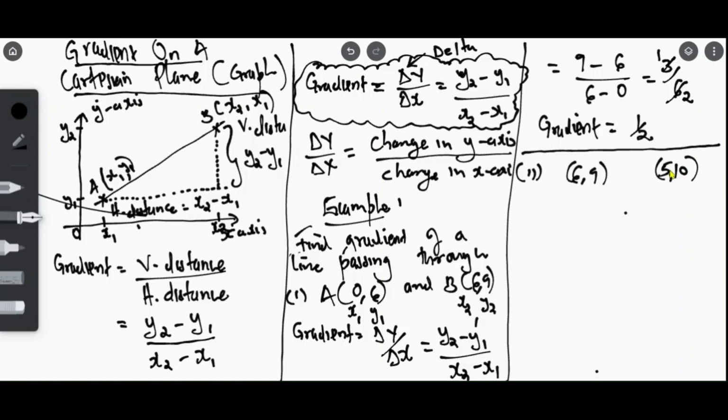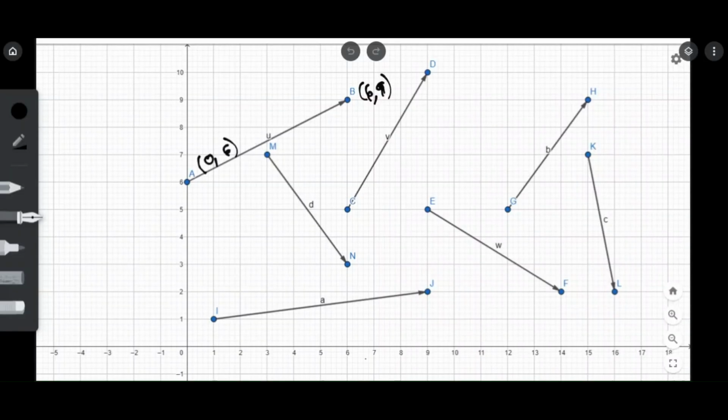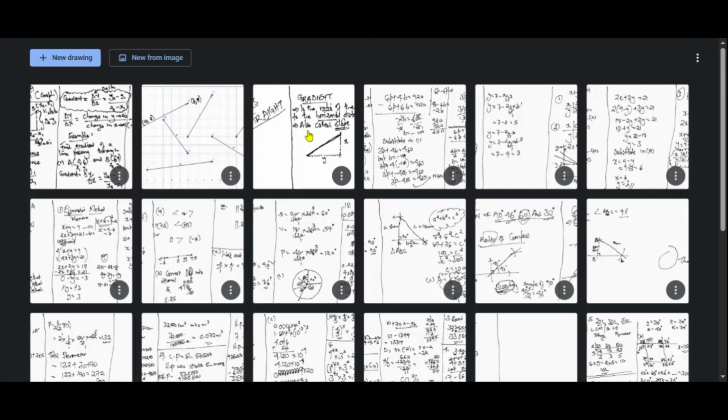I hope I've taken the right reading. Let me go back there. 6, 5 and 9, 10. Sorry, it is 9, 10.